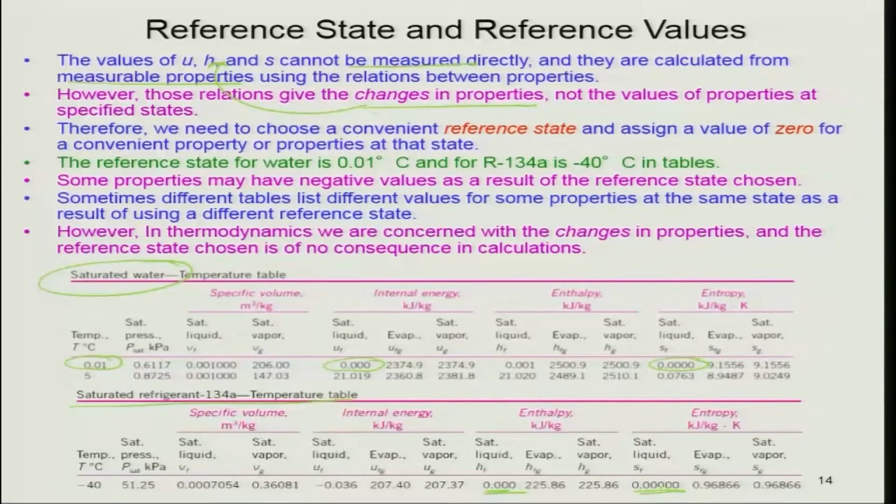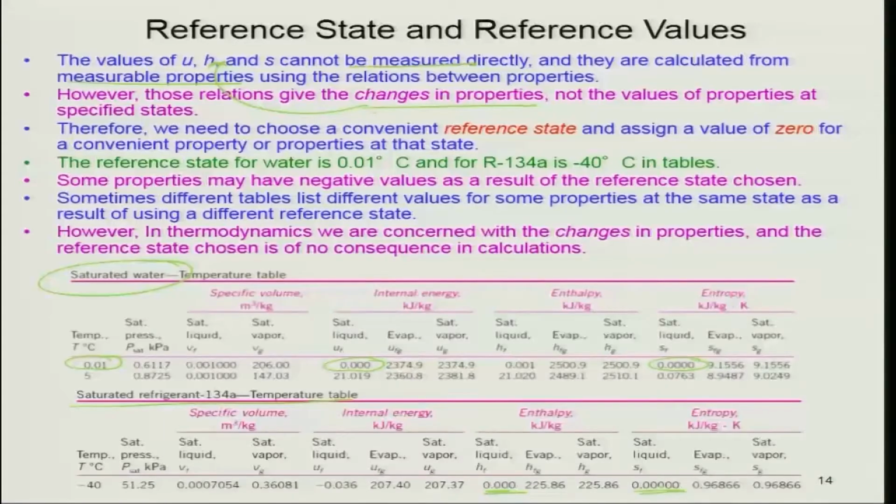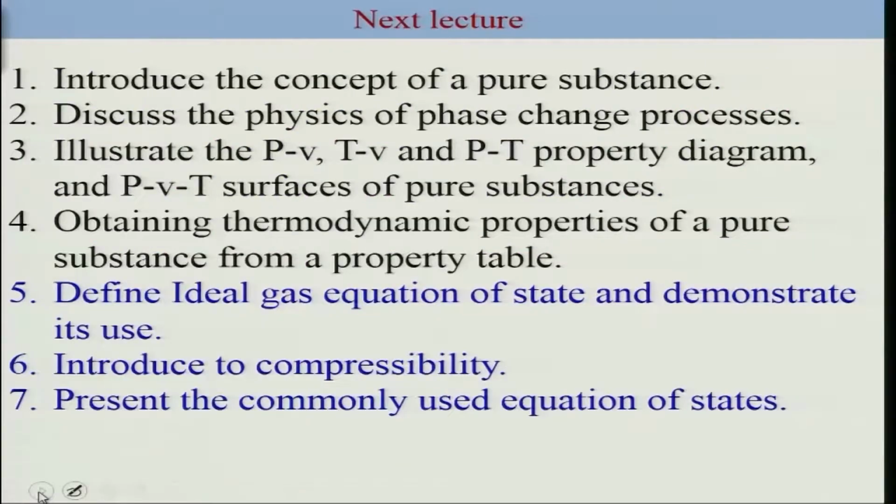As long as you use the same table to calculate the properties in your analysis, the reference value will get cancelled, so there will be no effect of the reference value. That's how we make use of the table. So in summary, in thermodynamics we are concerned with the changes in the property, and the reference state chosen is of no consequence in calculations. Okay, so in the next lecture we are going to discuss commonly used equations of state.